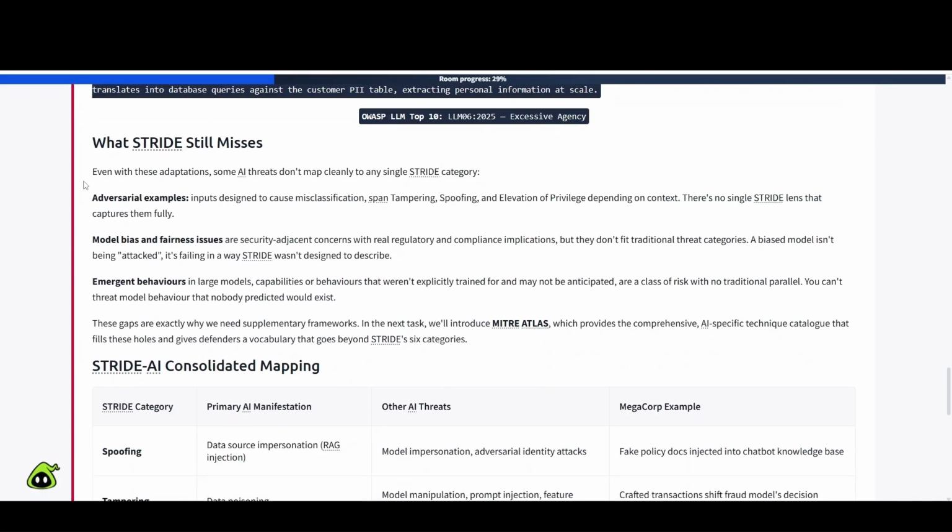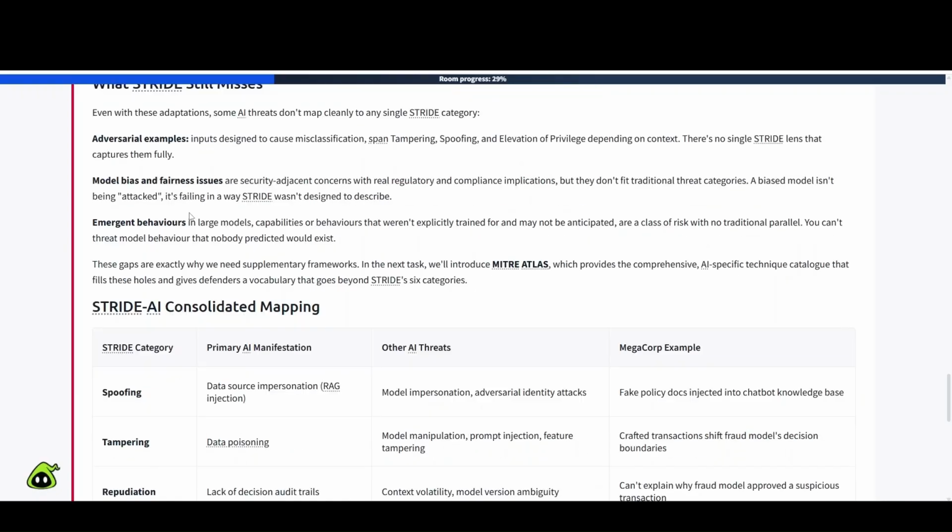What STRIDE still misses. Even with these adaptations, some AI threats don't map clearly to any single STRIDE category. Adversarial examples, inputs designed to cause misclassification, span spoofing, tampering, and elevation of privilege depending on context. There's no single STRIDE lens that captures them fully. Model bias and fairness issues are security-adjacent concerns with real regulatory and compliance implications, but they don't fit traditional threat categories.